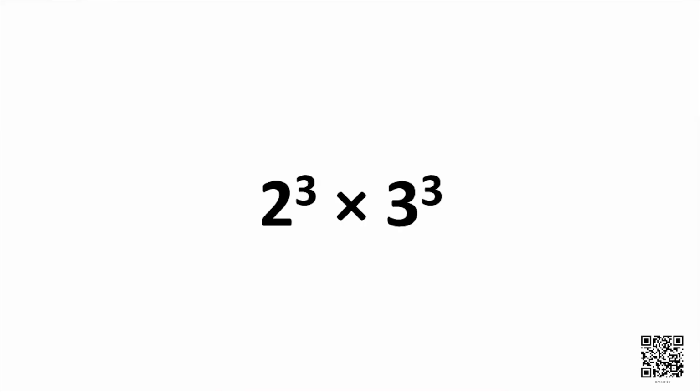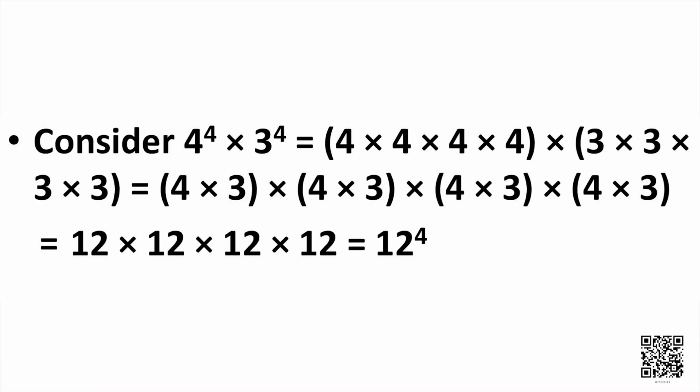So students, take a question: 2 to the power 3 multiplied by 3 to the power 3. Can you simplify it? Notice that here the two terms, 2 to the power 3 and 3 to the power 3, have different bases but the same exponents. Now take 4 to the power 4 multiplied by 3 to the power 4.